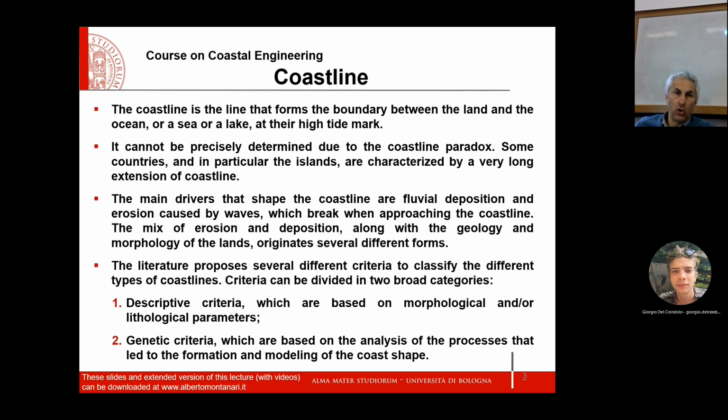So if you take a coarse map, then you measure the length of the coastline and you get a number. If you refine the detail of the map, if you pass to a more detailed scale, then you get a longer extension of the coastline. And therefore, it's not possible to define precisely what the length of the coastline is.